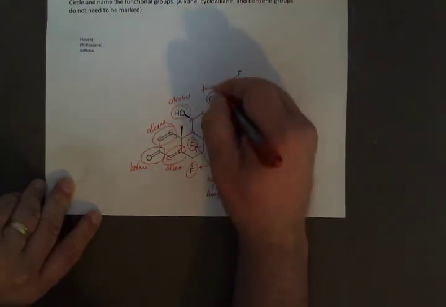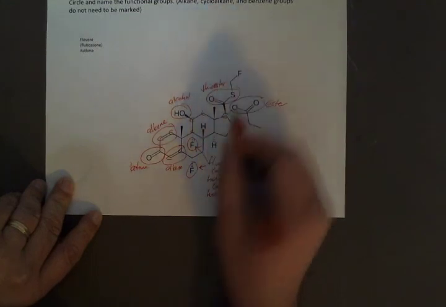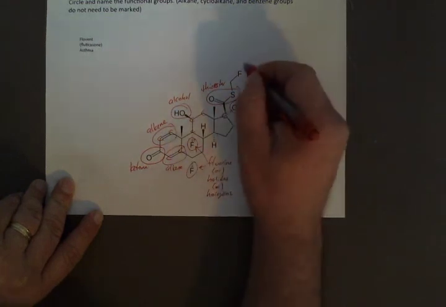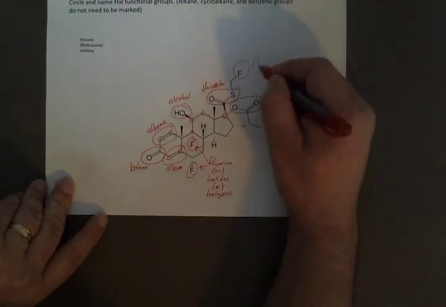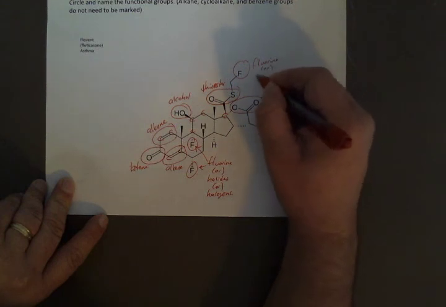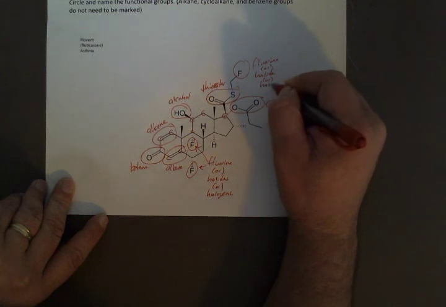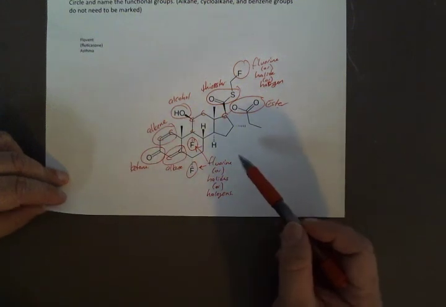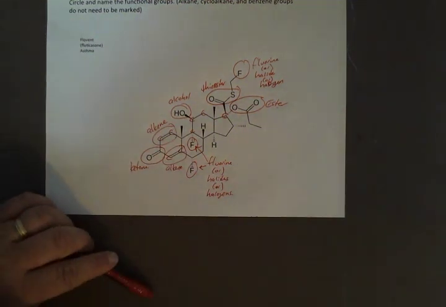So this is a thioester, the sulfur version of an ester. And again, you have this fluorine, or halide, or halogen. I don't care. Halogen. So there you go. Very similar to the other one, like that. So good luck. We'll finish this up on Monday.